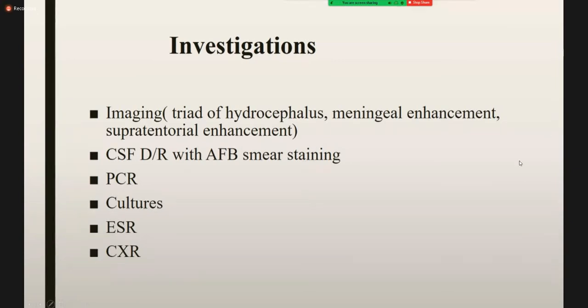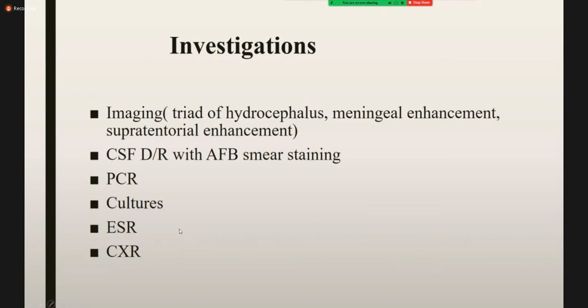Again, CSF with AFB smear and staining, polymerase chain reaction for Mycobacterium tuberculosis, and cultures for acid fast bacilli can be positive, and they help in the diagnosis of chronic tuberculous meningitis or tuberculosis.